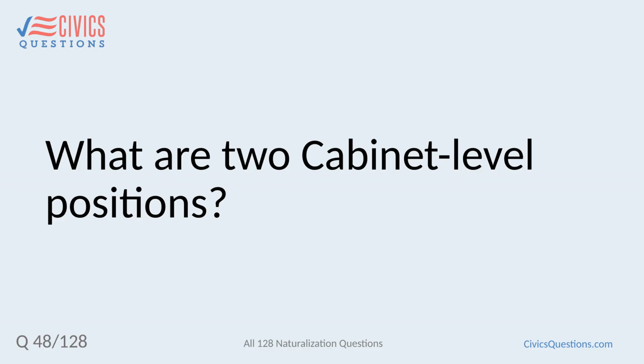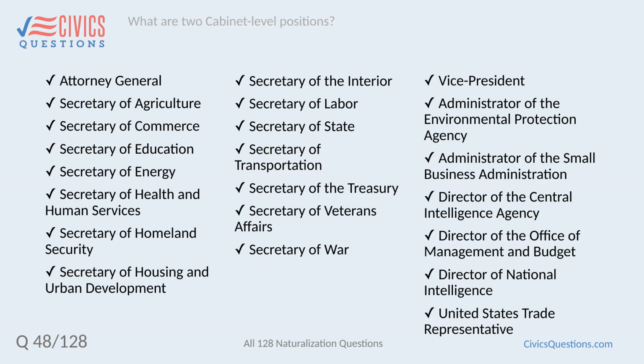What are 2 cabinet-level positions? Attorney General. Secretary of Agriculture. Secretary of Commerce. Secretary of Education. Secretary of Energy. Secretary of Health and Human Services.